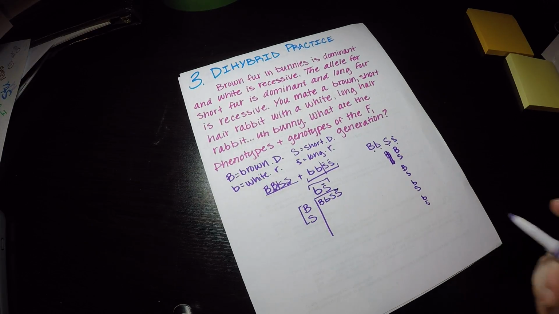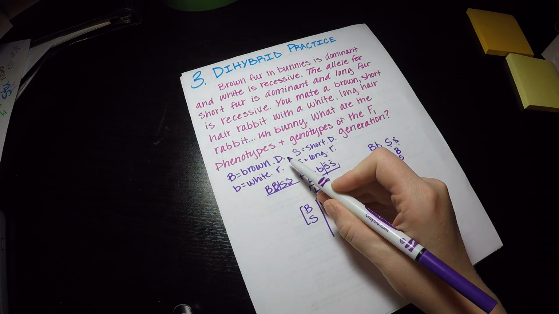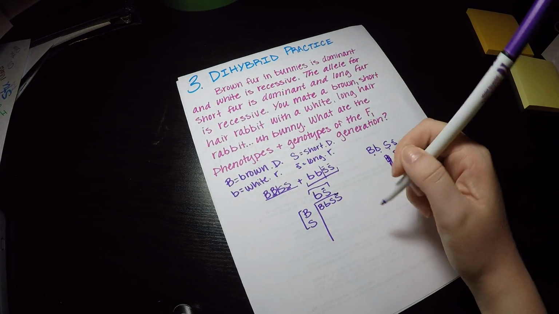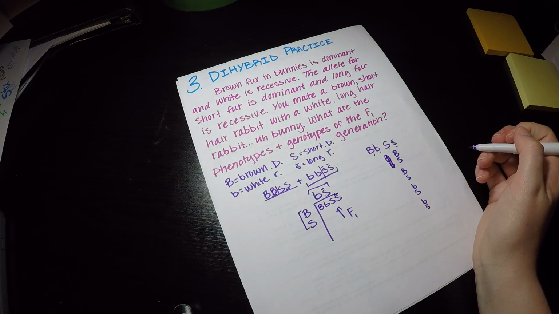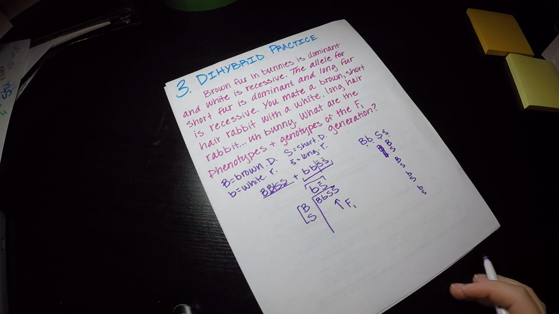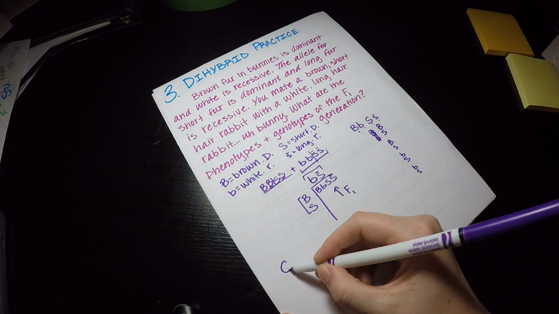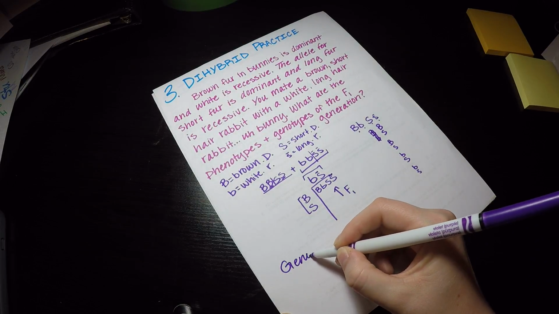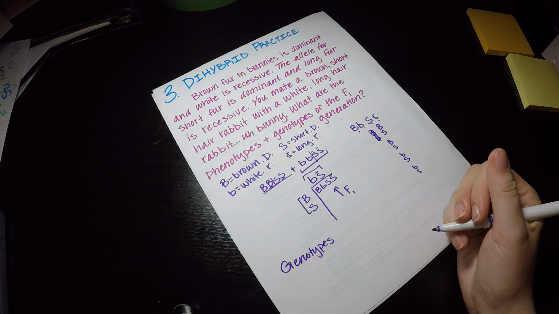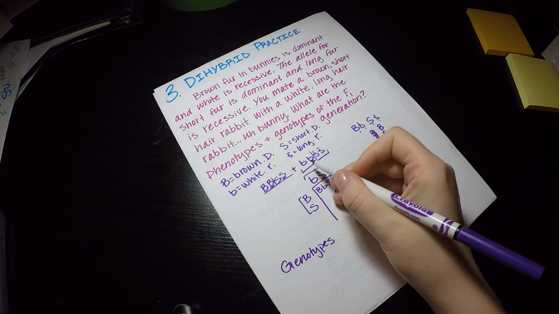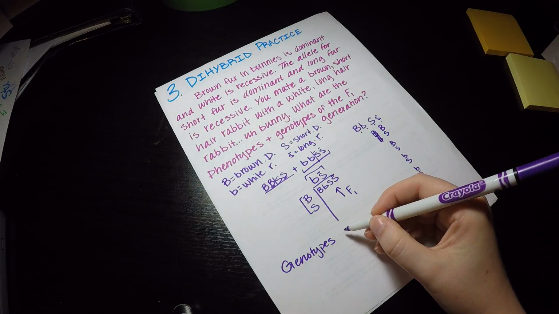Okay, so what are the genotypes and phenotypes of the F1 generation? This is our F1 generation, right? Because that's our first generation that we have. So the genotypes, we only have one answer because we only had one possible combination from each parent.